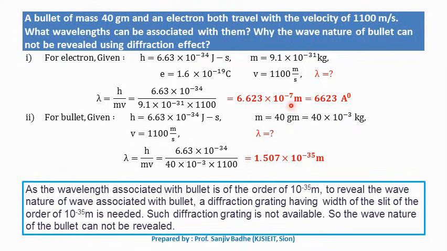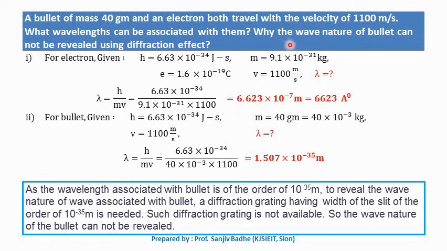From these two wavelengths that we have calculated, we can note that the wavelength of the wave associated with bullet is very small as compared to the wavelength of the wave associated with an electron. So this is 10 raised to minus 35 meters.